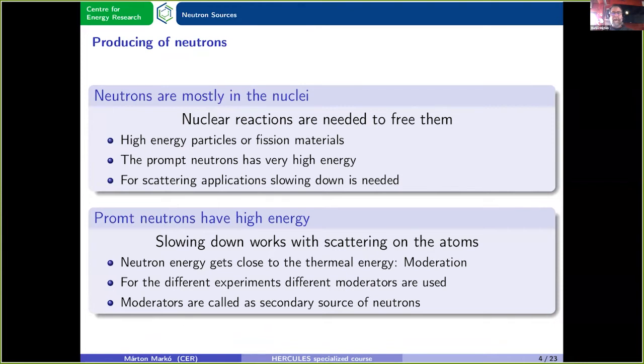For slowing down, we use mostly scattering, mostly on hydrogen or deuterium. There are many kinds of moderators. I will show them during this presentation. Since we use these neutrons after the moderator, we call the moderators a secondary source of neutrons. So that's why I will speak about the moderators as well.